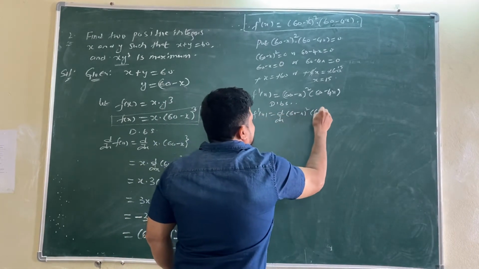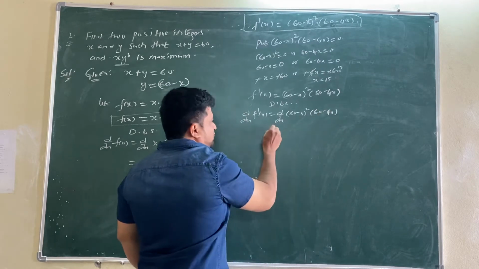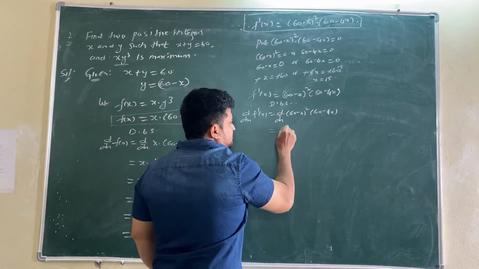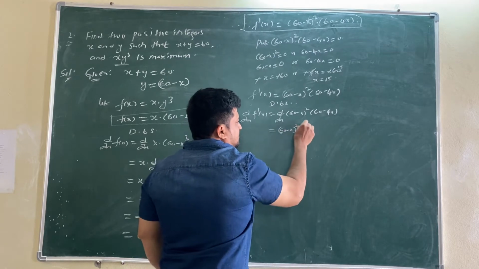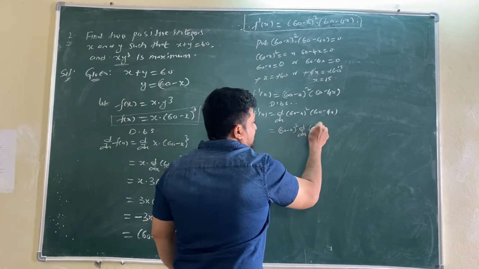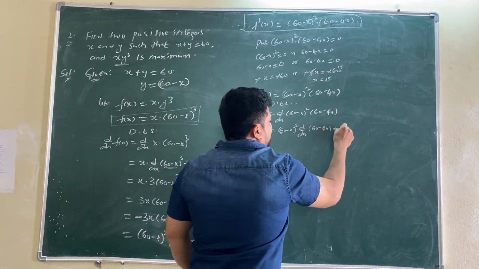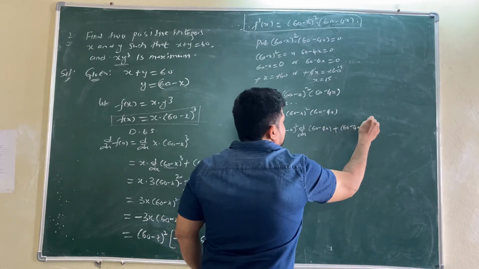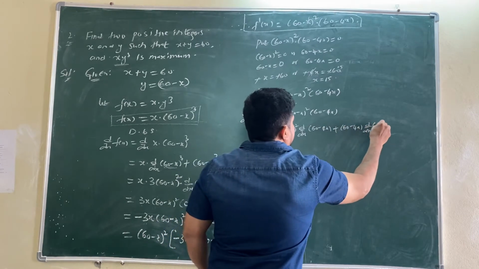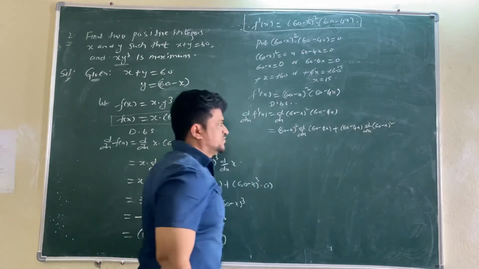The right side is in uv form: u d by dx of v plus v d by dx of u.